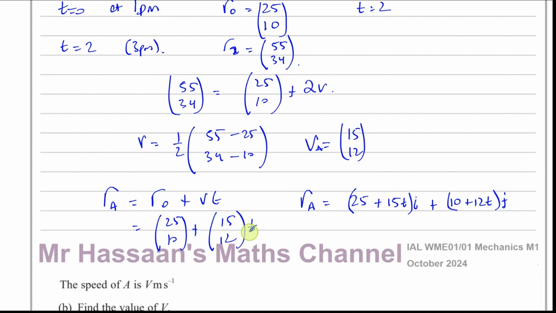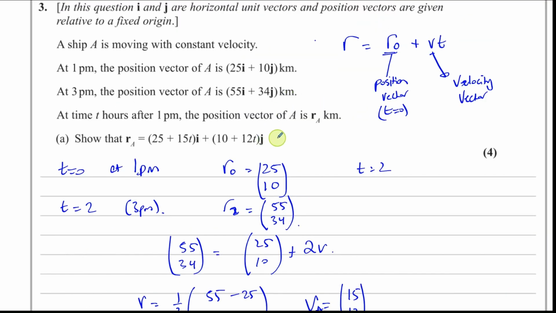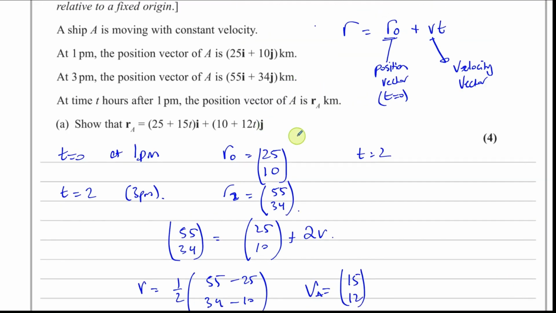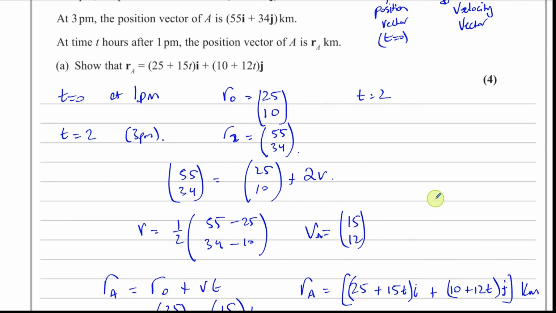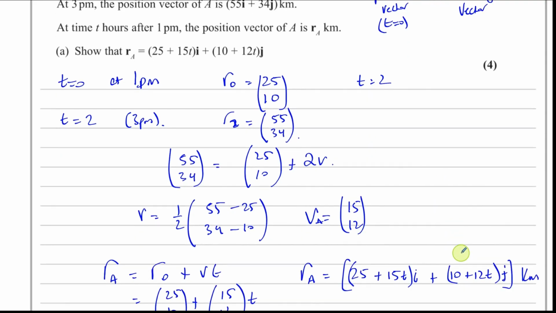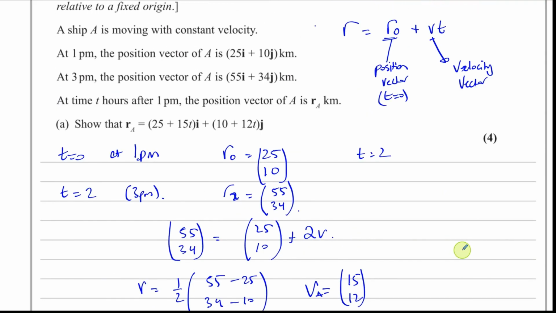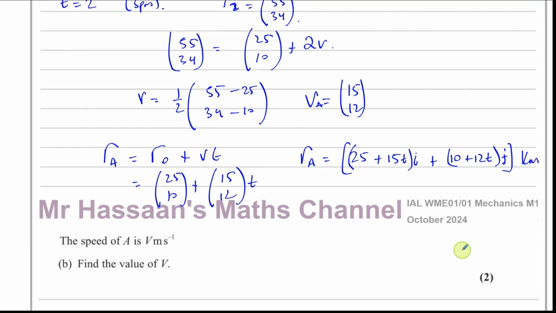That's in kilometers. That's the position vector of A: RA equals (25 plus 15t)i plus (10 plus 12t)j. And there's the answer to that.